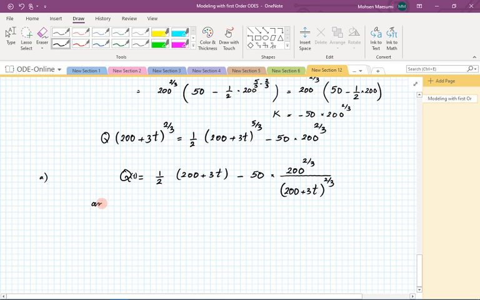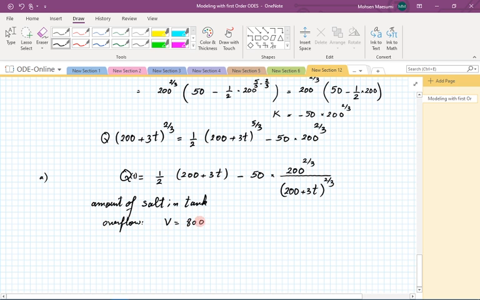Amount of salt in tank. Well, the problem said amount of salt in tank before the overflow. Of course, after the overflow it's a whole different story, and some other problem has to be solved to figure out what's happening there. But here, overflow happens when the volume becomes the capacity.